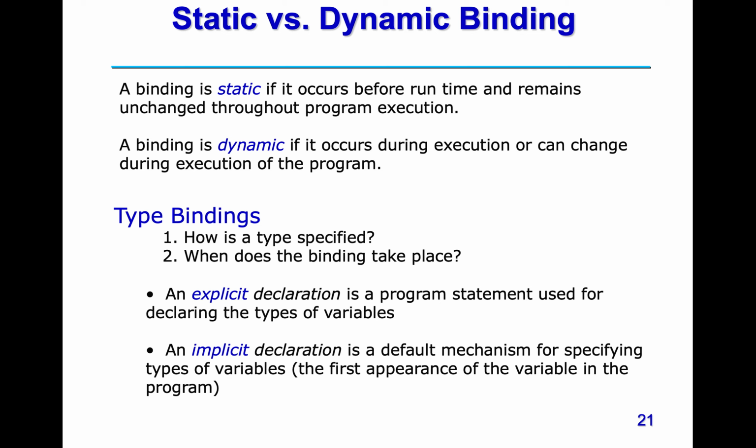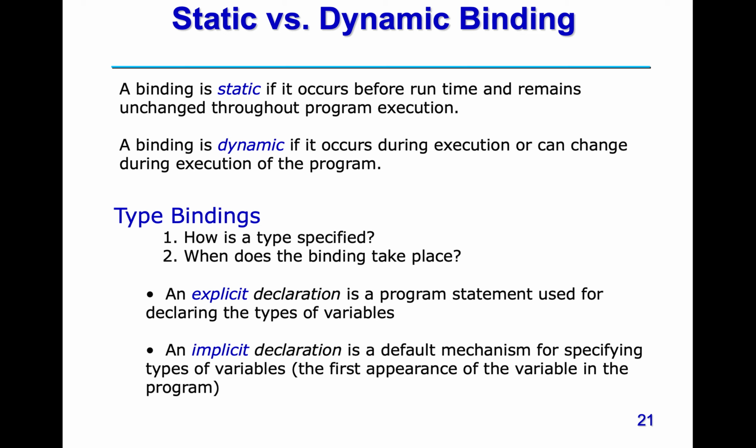So C and C++ do static everything. So it's static binding. Python does dynamic binding. So it occurs during the runtime and change can happen. So I can dynamically bind I to a string if I say I is equal to hello world. And then I can dynamically bind I to an int or a float or a double or something else by giving it a number.